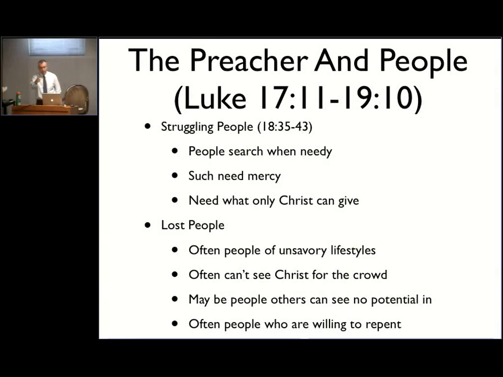So he's struggling financially. How else is he struggling, as it turns out? Spiritually. All right, so he's struggling financially, physically, and spiritually. I mean, there's the epitome of a struggling person. But, and underline this, Jesus takes time to interact with him.